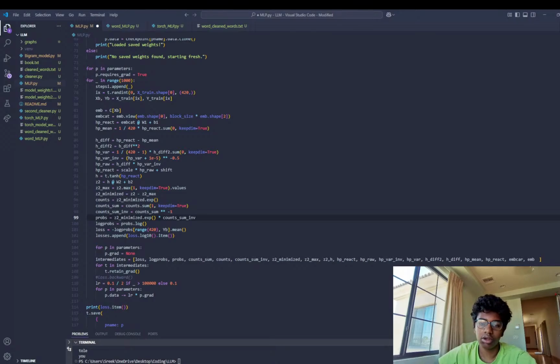Obviously our loss is pretty simple. It's just the negative log of the predicted versus the actual.